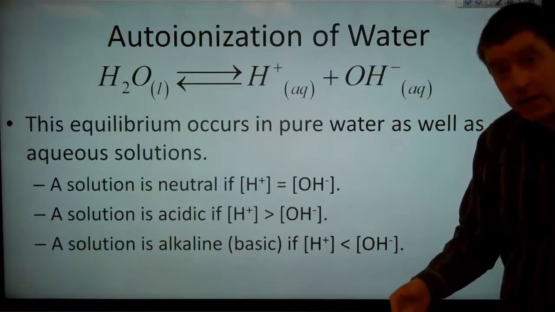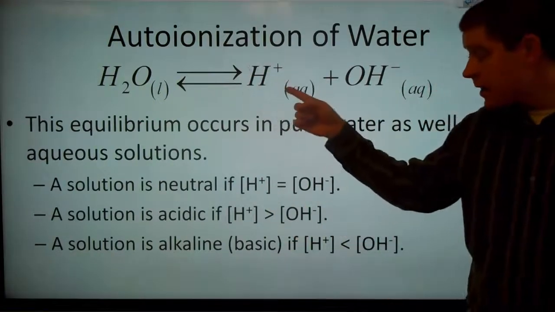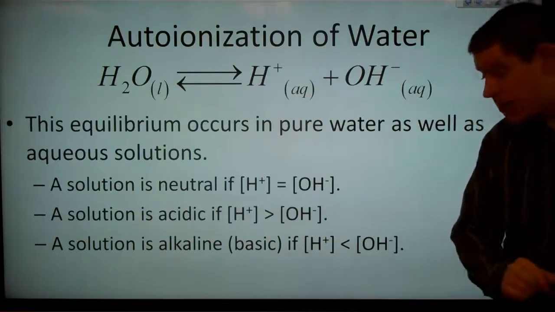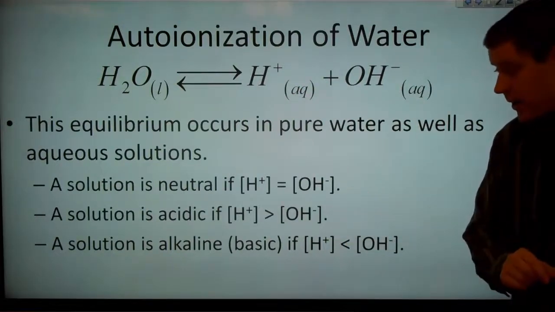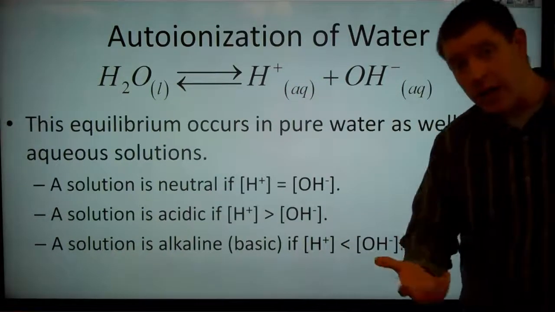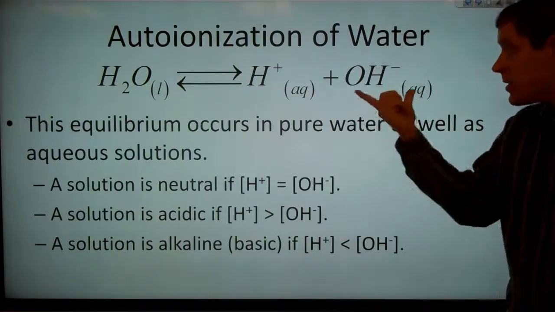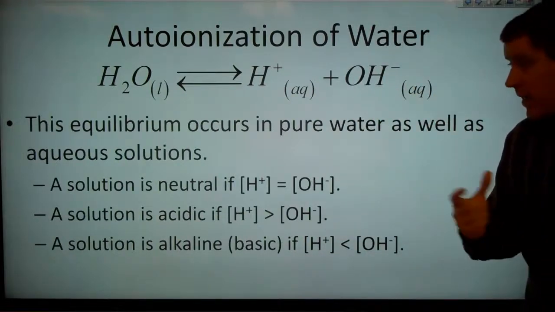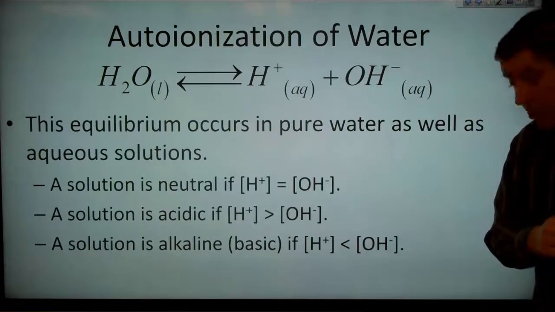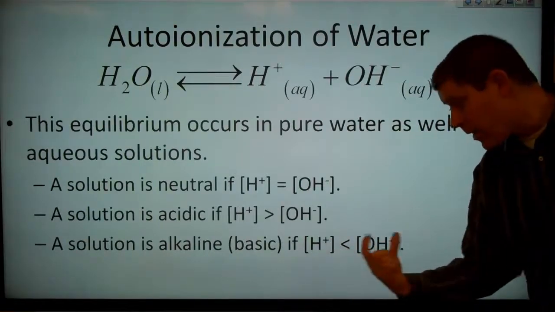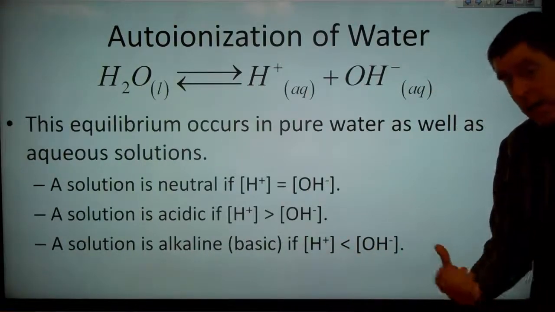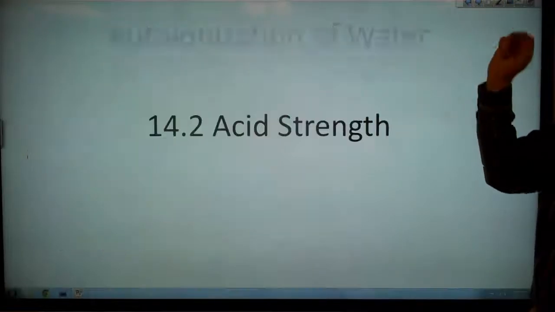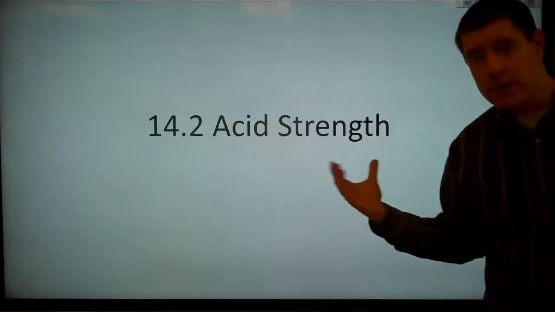If we add an acid and increase the concentration of hydrogen ion, then our hydrogen ion concentration is larger than our hydroxide ion concentration. If our solution is alkaline or basic, that means we've increased the hydroxide ion concentration, and the hydrogen ion concentration has to drop. So our hydrogen ion concentration is less than our hydroxide ion concentration. So that was acid strength.